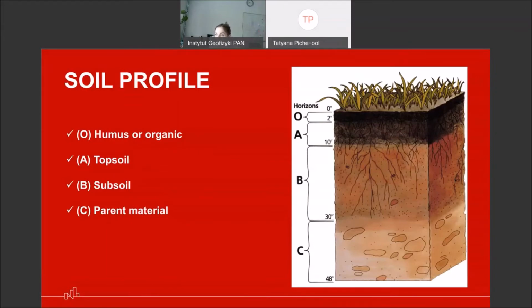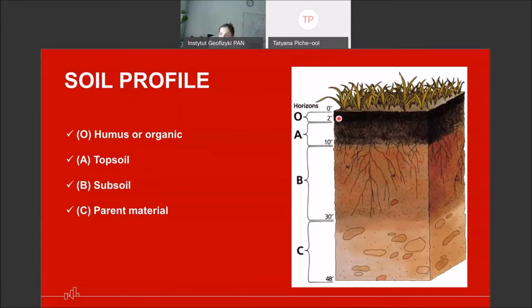And so when we dig down deep into any soil, we'll see that it's made of layers. And those layers are so-called horizons. And those horizons are most commonly marked with letters.